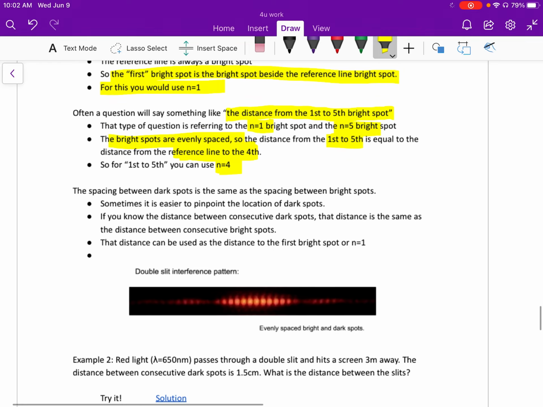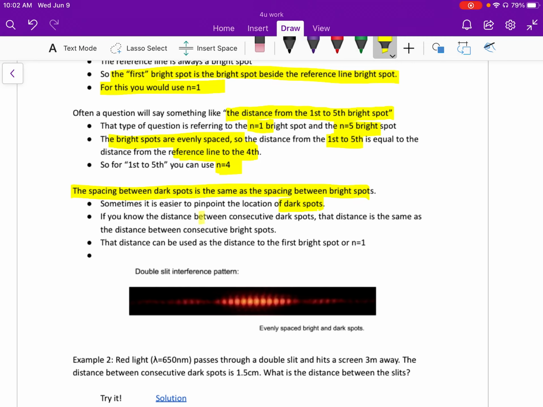One last thing, and then I'll turn you loose to try examples, because I think seeing the examples will really help. The spacing is very, very uniform. The spacing between the dark spots is exactly the same as the spacing between the bright spots. Sometimes they use computers or light sensors to find the locations of things, and sometimes it's easier for the computer to find the dark spots instead of the bright spots.